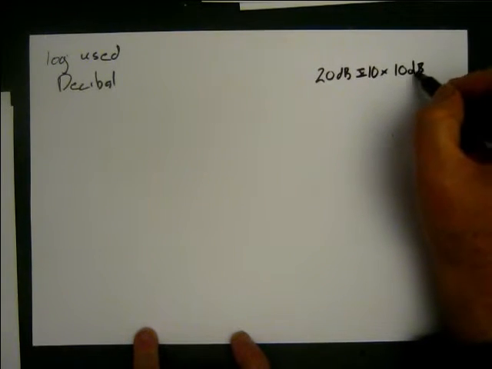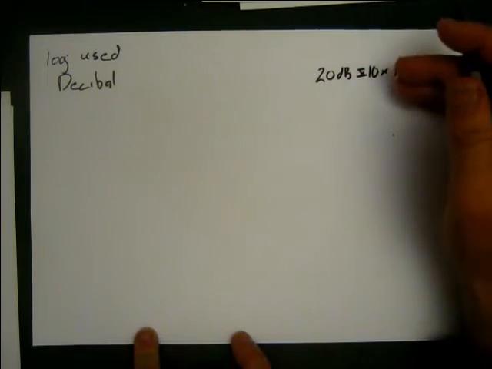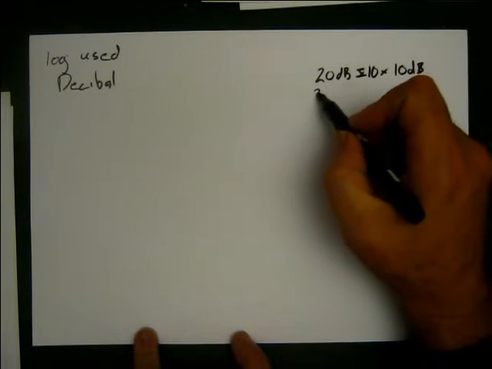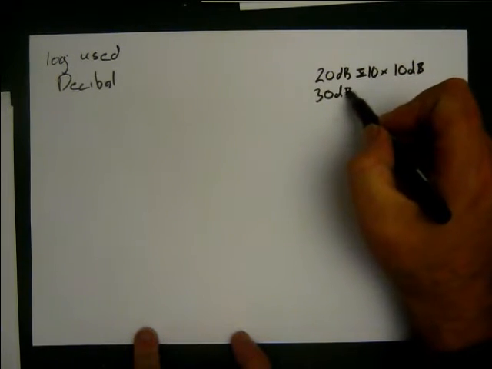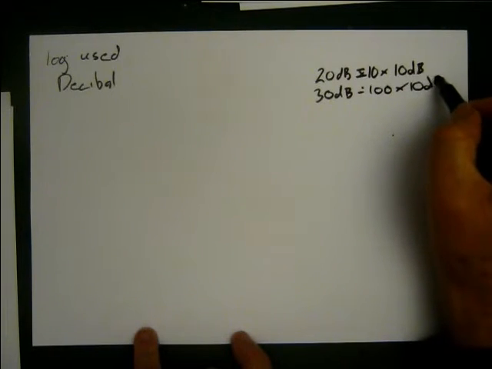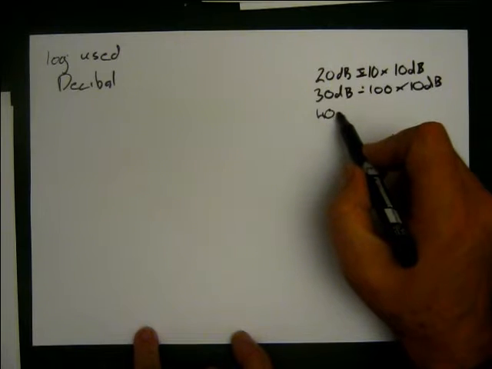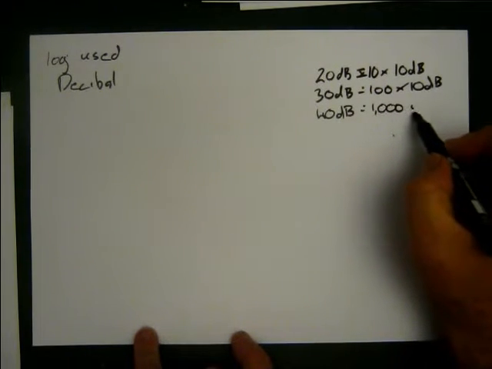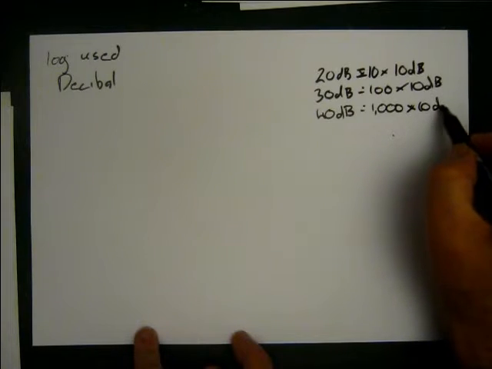So every time it goes up 10 decibels, it is multiplied by 10. So 30 decibels equals 100 times 10 decibels. 40 decibels equals 1,000 times 10 decibels.